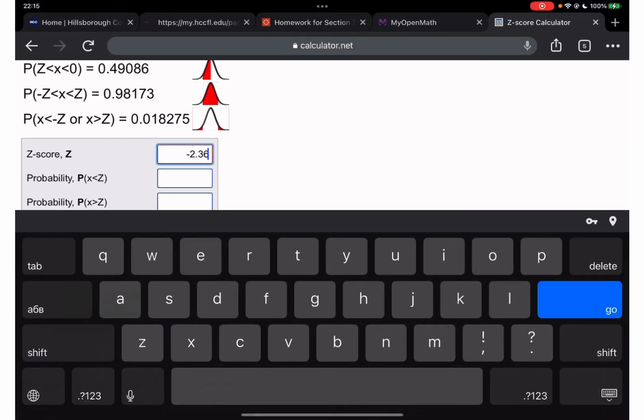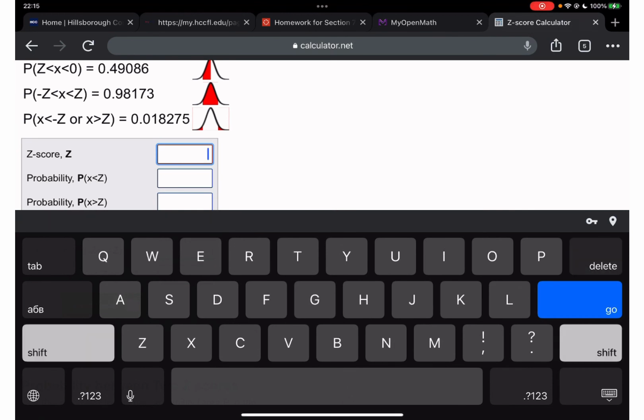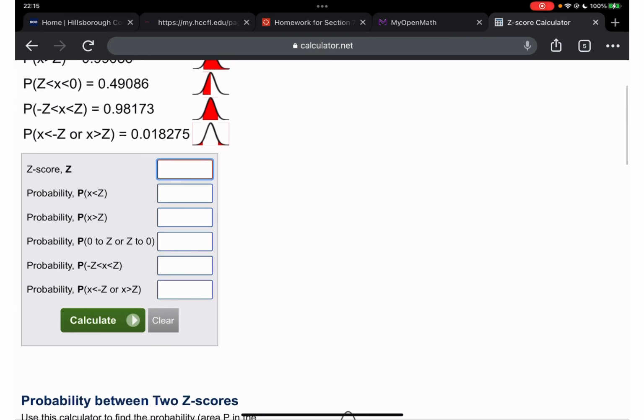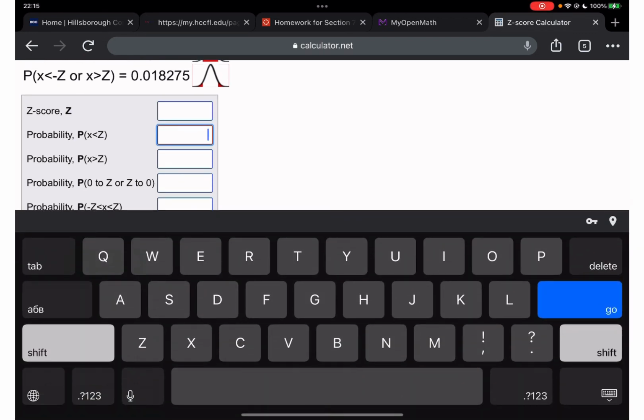Let me clean this. Since it's two-tail, that means it's going to be two of them. So let's see, 0.02, we divide by 2. It's going to be 0.01.